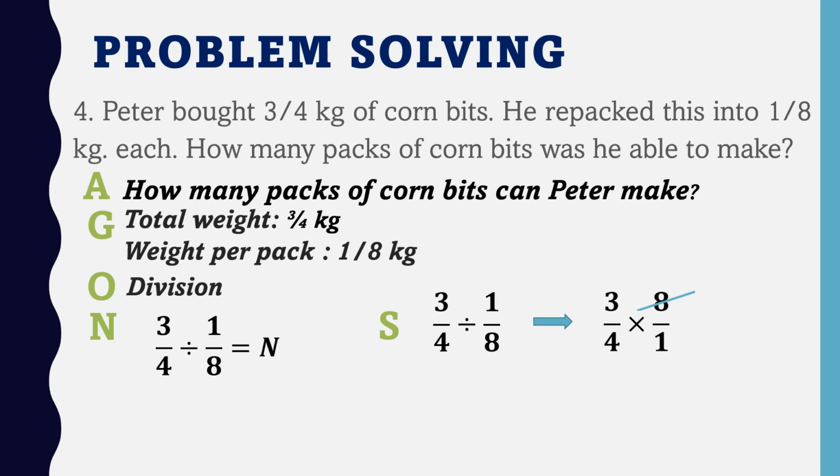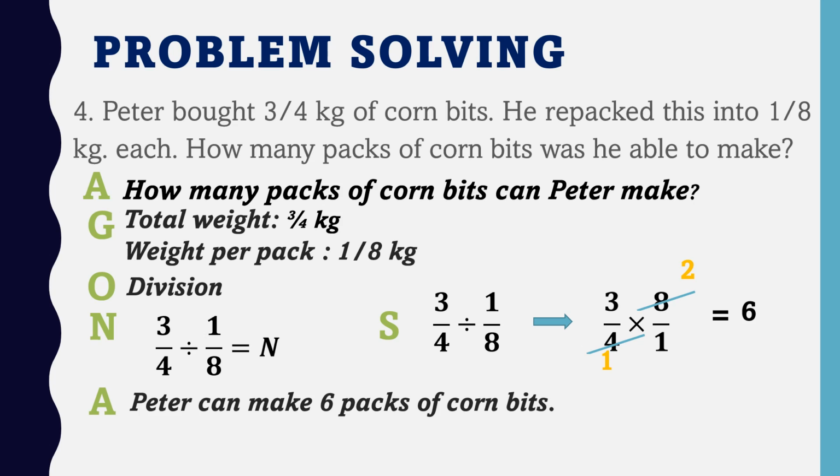We can cancel 4 and 8 because they are both divisible by 4. 8 divided by 4 is 2, and 4 divided by 4 is 1. Multiply, so 3 times 2 is equal to 6. 1 times 1 is 1, so we don't have to put 1 already. Our final answer is 6. So we can say Peter can make 6 packs of corn beets from the 3/4 kilograms of corn beets that he bought.